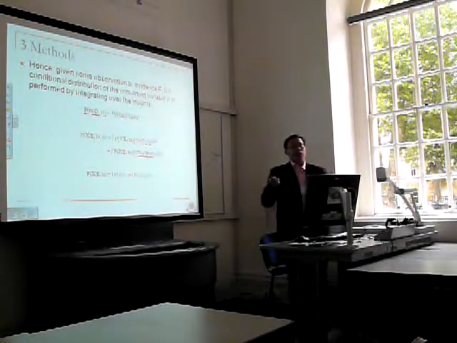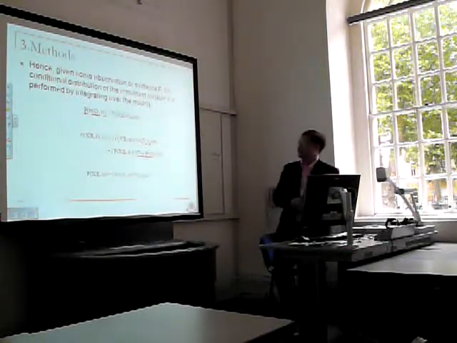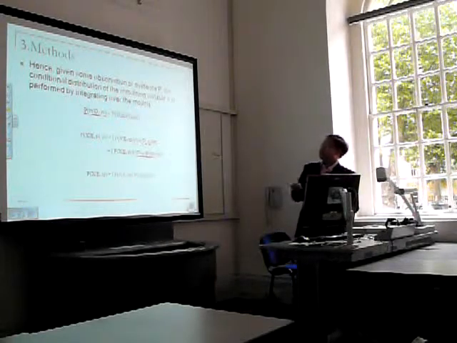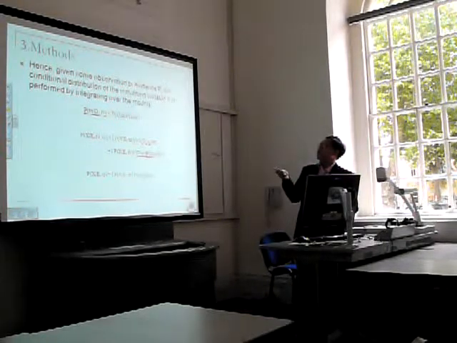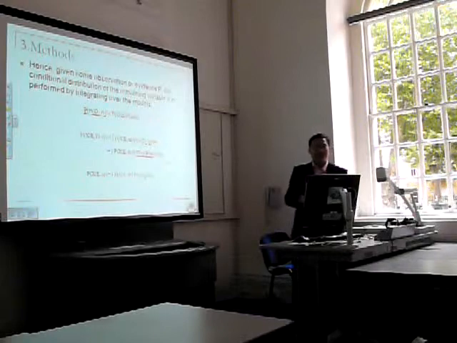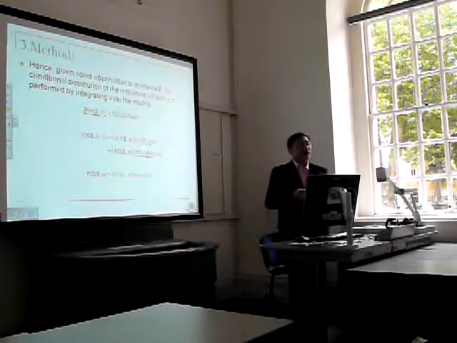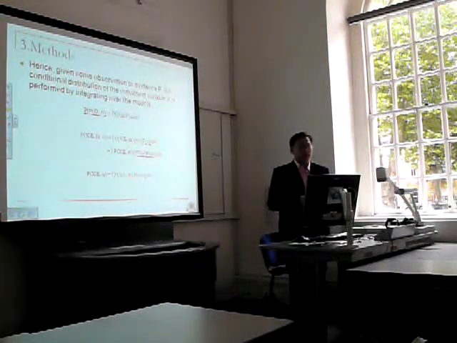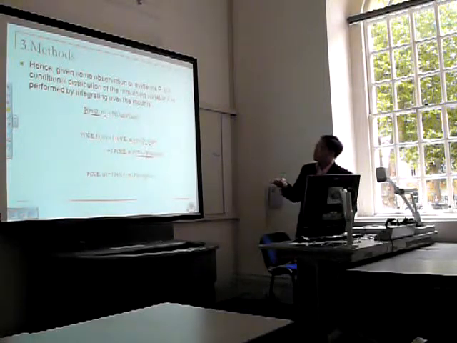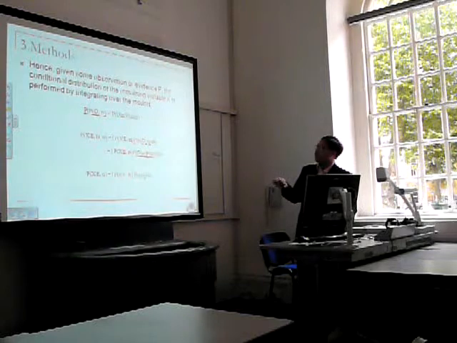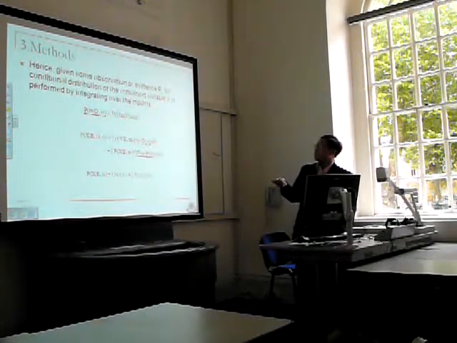Now I focus more on Bayesian inference. Given some observation or evidence E, the conditional distribution of the remaining variable X is computed by integrating over the model. The integral of P(X given E and M).